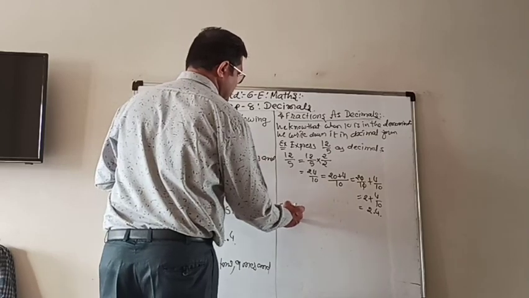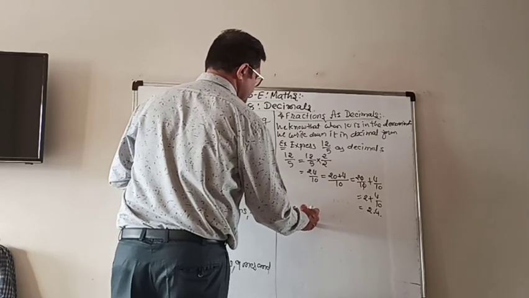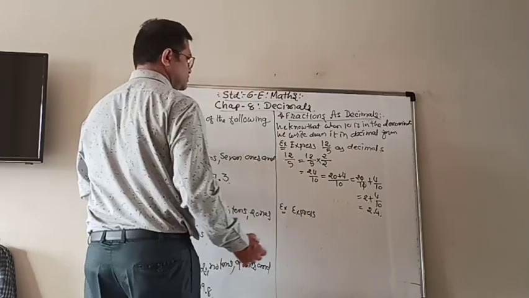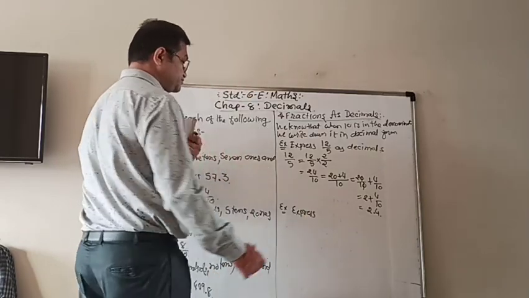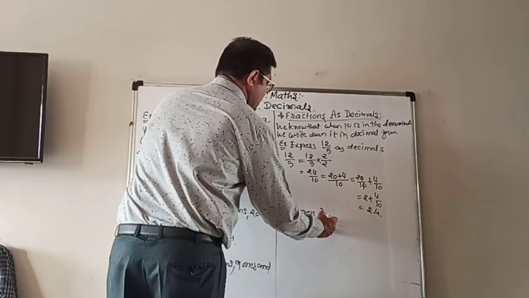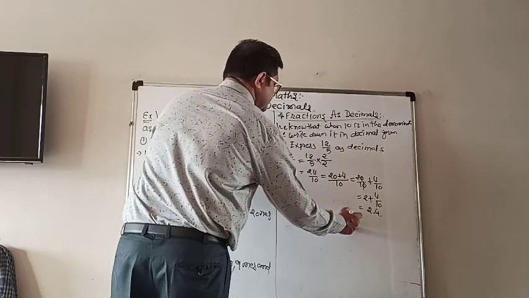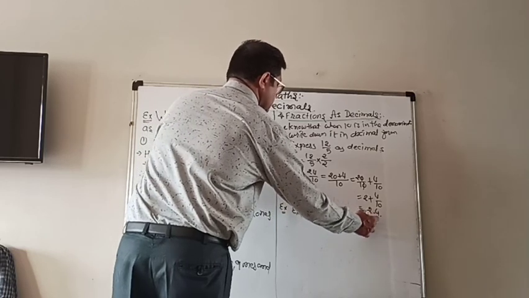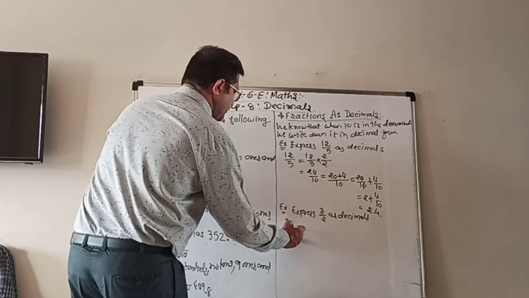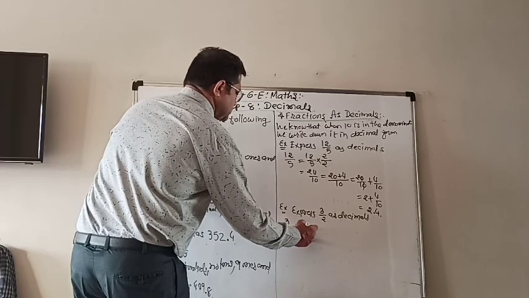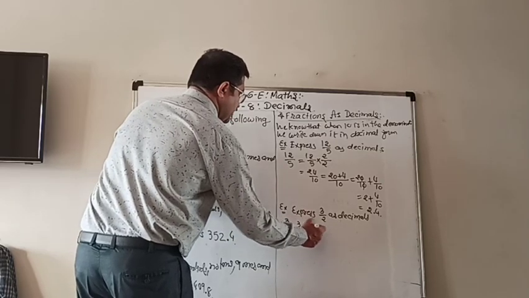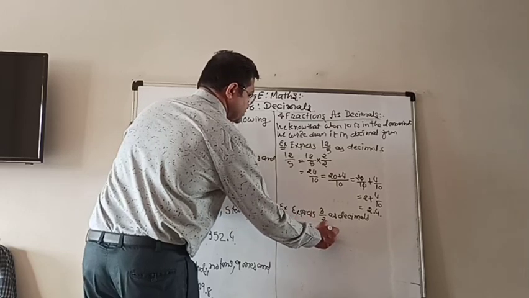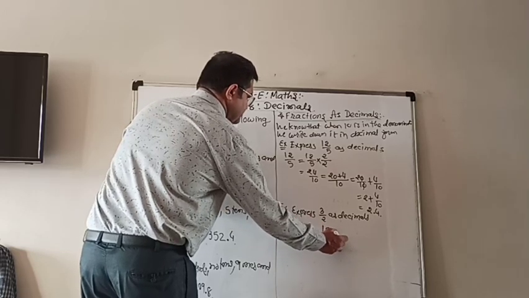Let us take another example. Express 3 upon 2 as decimals. So now 3 upon 2 is equal to 3 upon 2 into 5 upon 5, that is 3 5s are 15 upon 10.